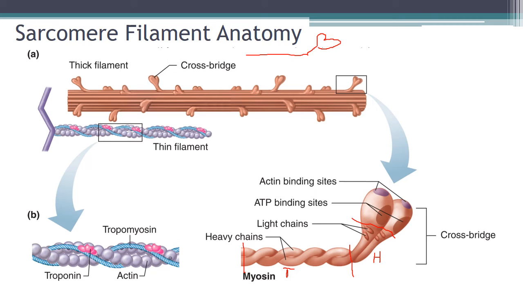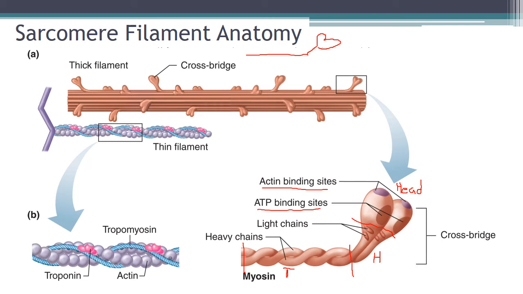The final region is this heart-shaped region here. This region is the myosin head. And I apologize for my inability to draw too well with this mouse, but this region here that looks like a heart is called the myosin head. Now the myosin head, like the picture shows you, is going to have two binding sites on it.